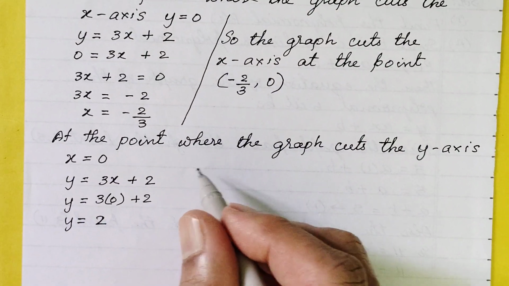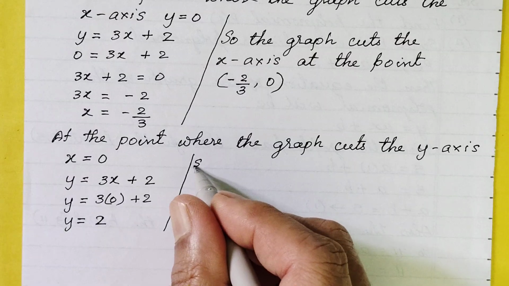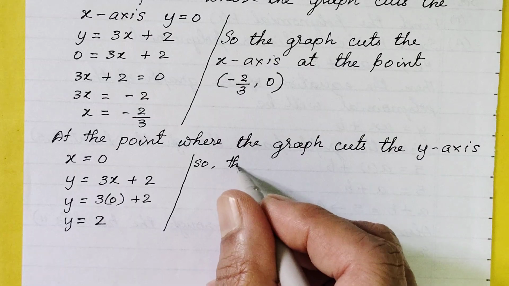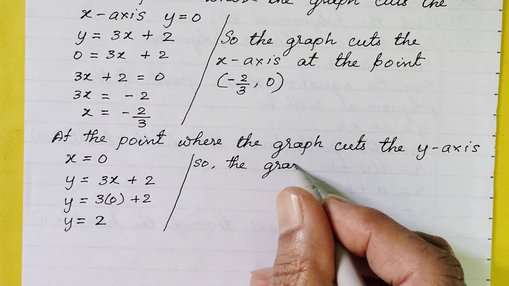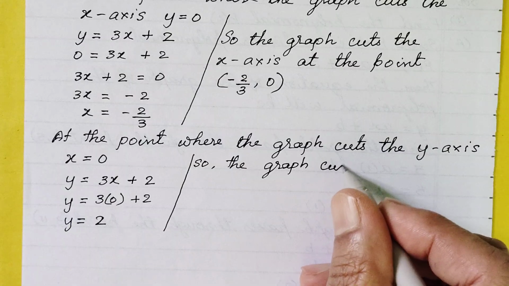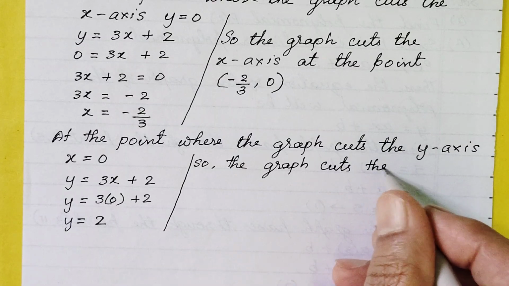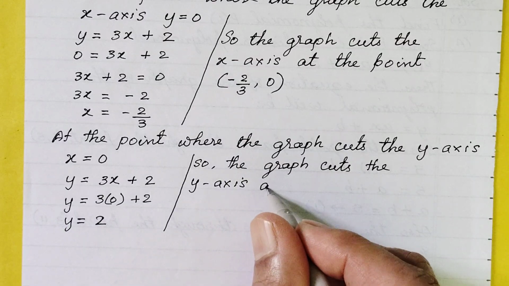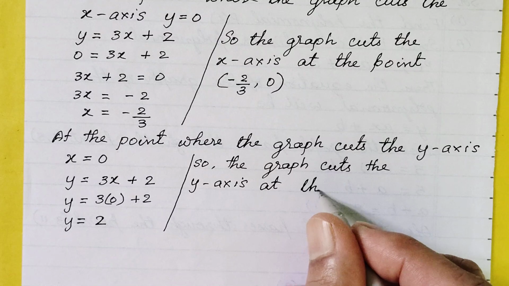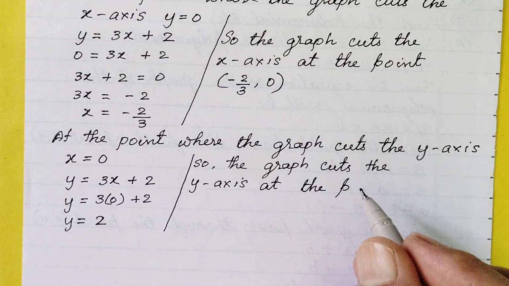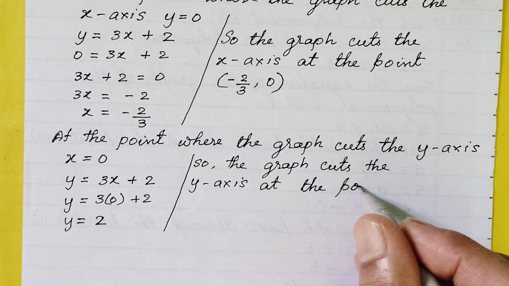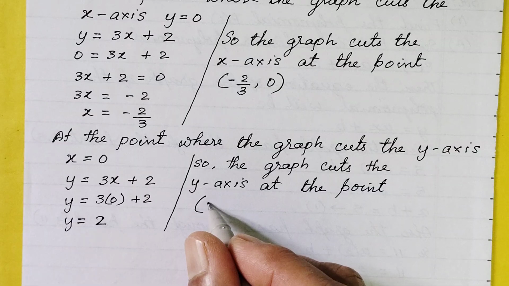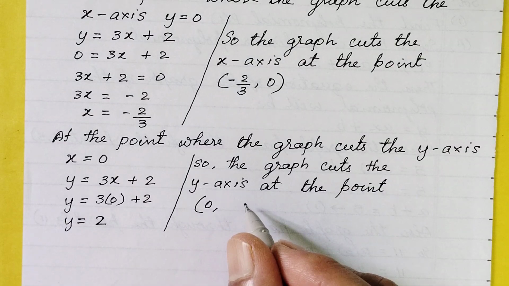So the graph cuts the x-axis and the y-axis at the point 0, 2.